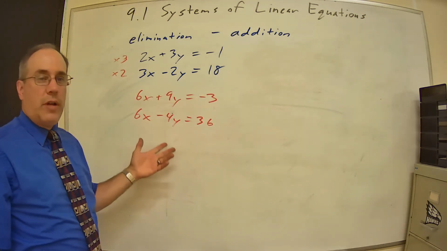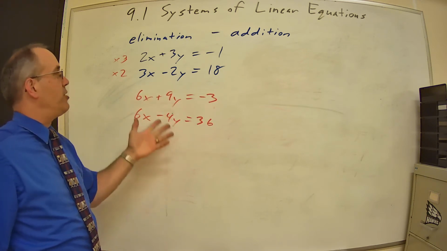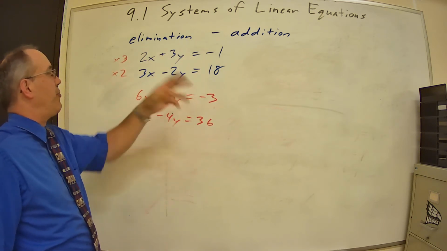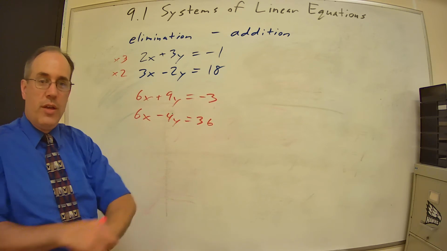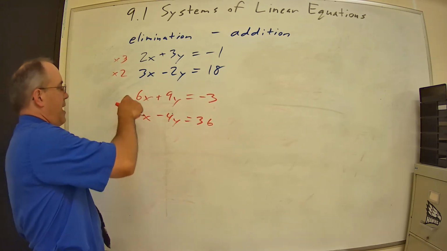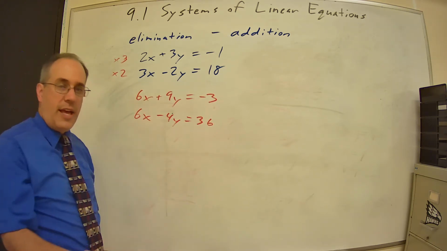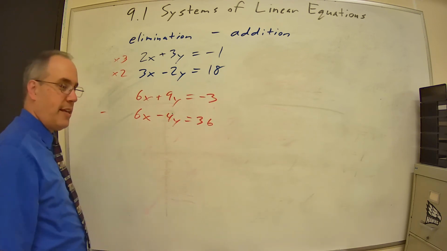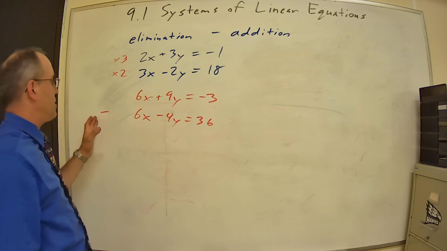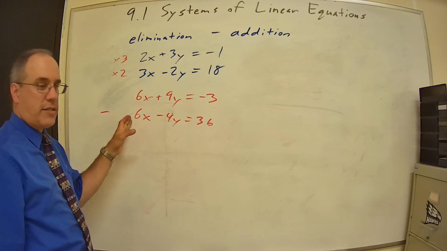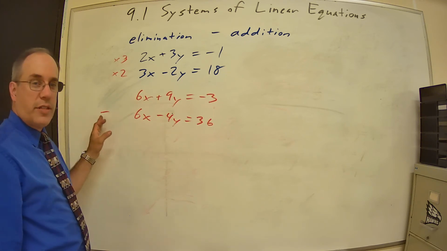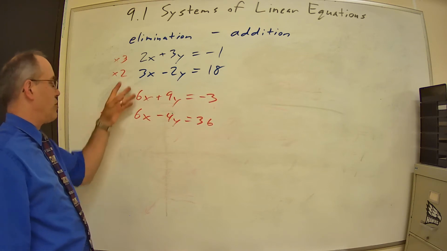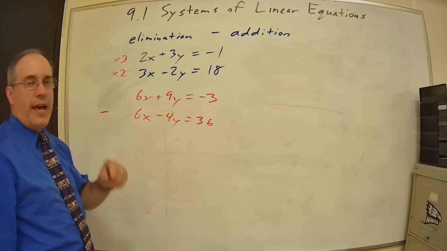So now I have equivalent equations. I multiplied both sides by 3. I multiplied both sides by 2. So they're equivalent equations, but notice that I have 6x and 6x. So if I subtract these two equations, I tend to put a negative sign off to the side, not in front of the 6x, but far enough off to the side that I recognize I'm going to subtract this equation from that equation.